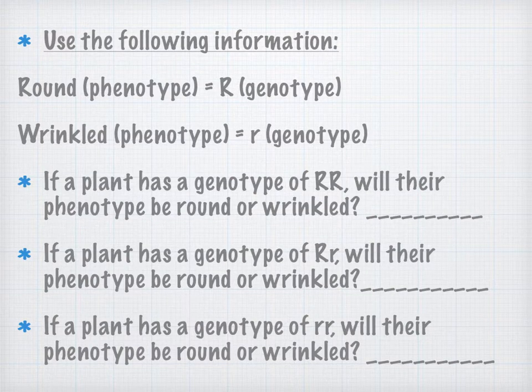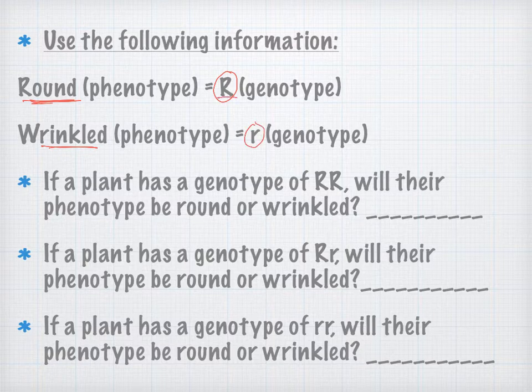Okay, so we're going to do a couple of examples of how to determine genotypes and from those genotypes determine the phenotype of an organism. So this first one, we're going to say that round is dominant to wrinkled. So round will be given by an uppercase R, wrinkled by a lowercase r.